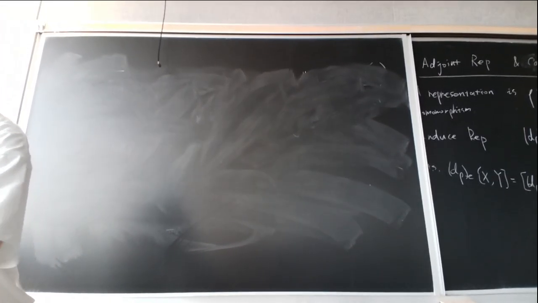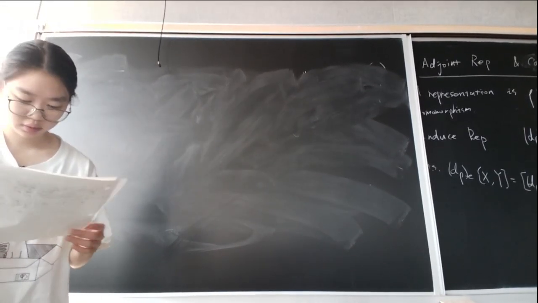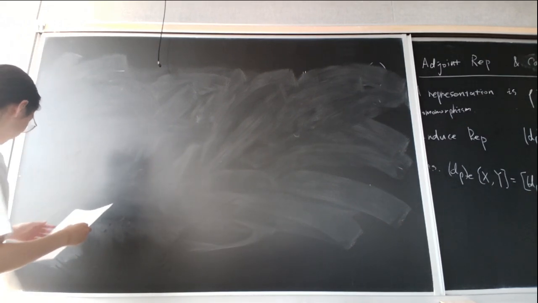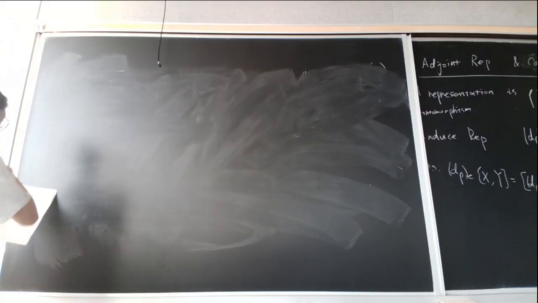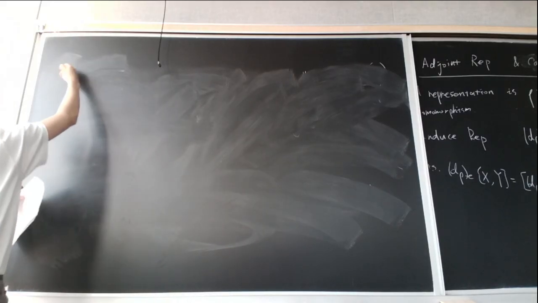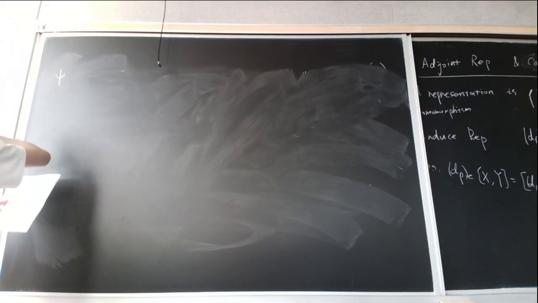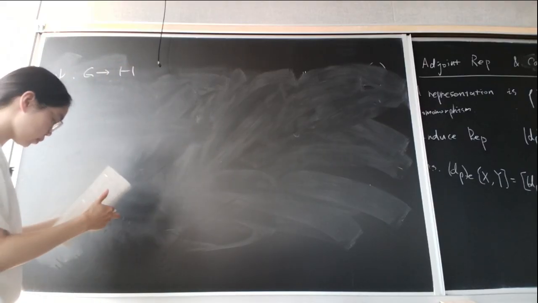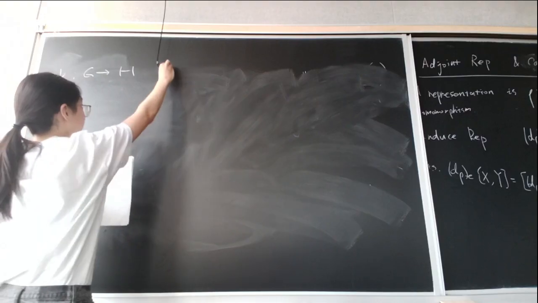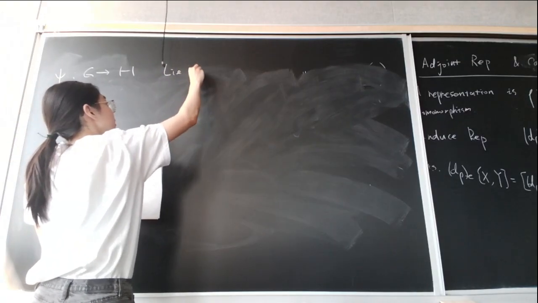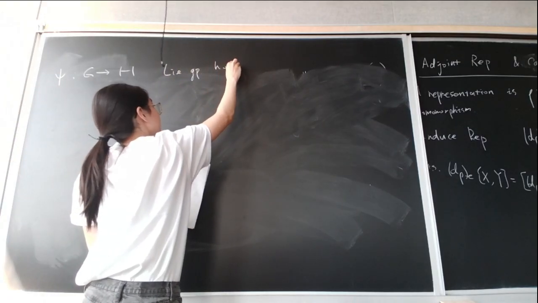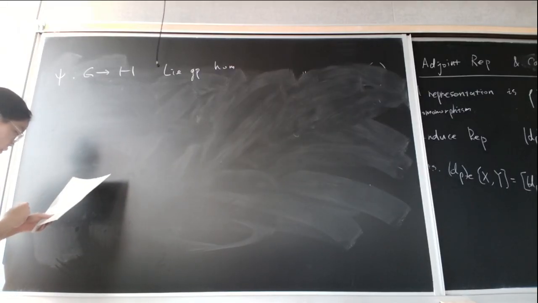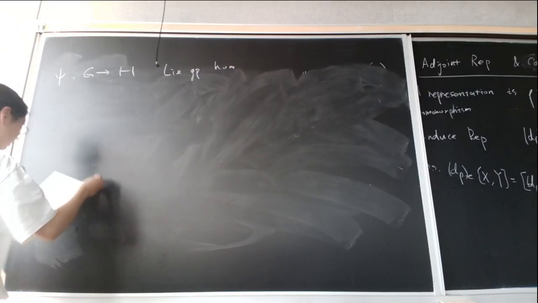Okay, let's recall a commutative diagram that we have seen before. Let's say phi is a group homomorphism, a Lie group homomorphism. Then we have this commutative diagram.